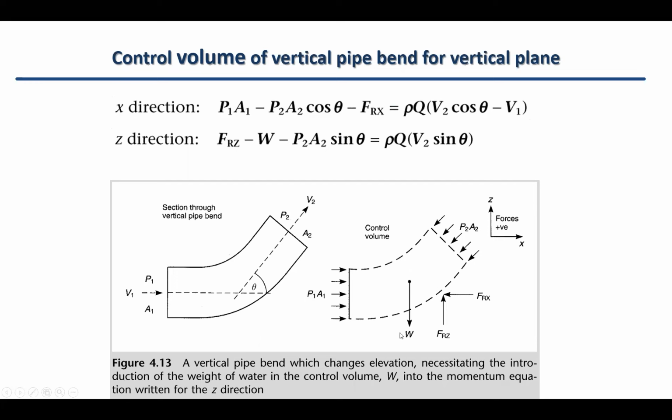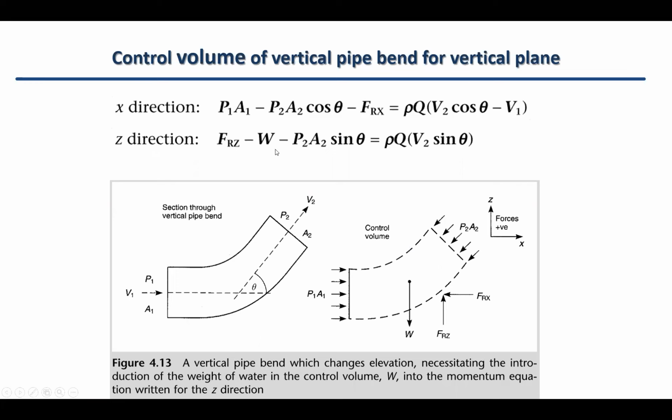So we have to take that force into account when writing in the vertical direction. We can show this in the x and z directions, because it's vertical, we can show it in the z direction. The only difference from the y direction we discussed on the previous slide is that for the components in the z direction, the weight is added, with a negative sign.